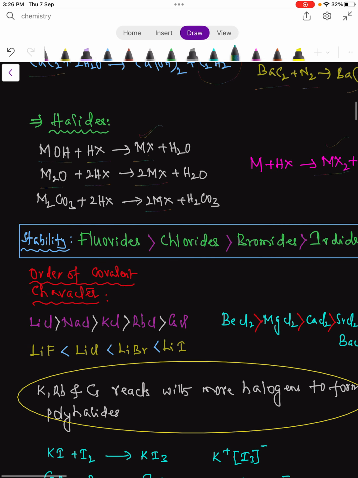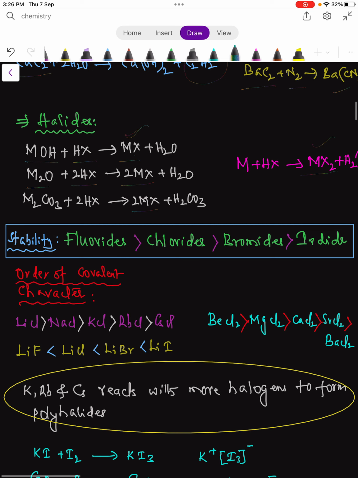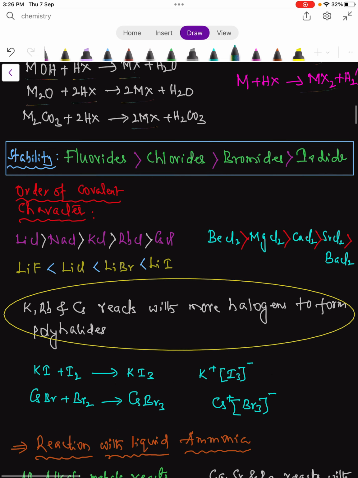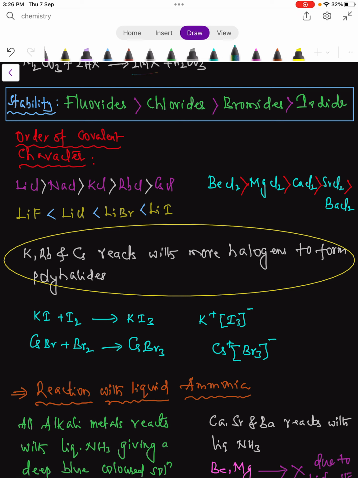Here stability, if we consider, stability of fluorides is more than chlorides, then bromides, then iodides. Next, covalent character. So covalent character down the group decreases. Why? Because of 1A group elements, if we consider, lithium has more covalent character. Reason is its small size. In the anomalous behavior, we'll discuss again about this.